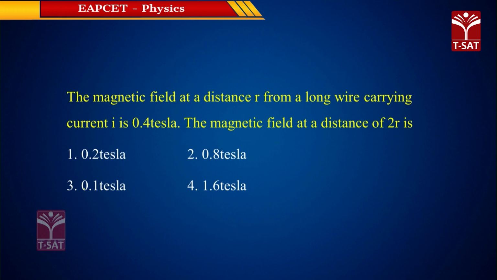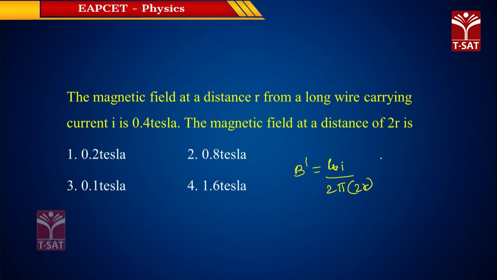The magnetic field at a distance of 2R is what? See, children, in this question magnetic field B dash is equal to mu 0 I by 2 pi, here in R place you can write 2R.